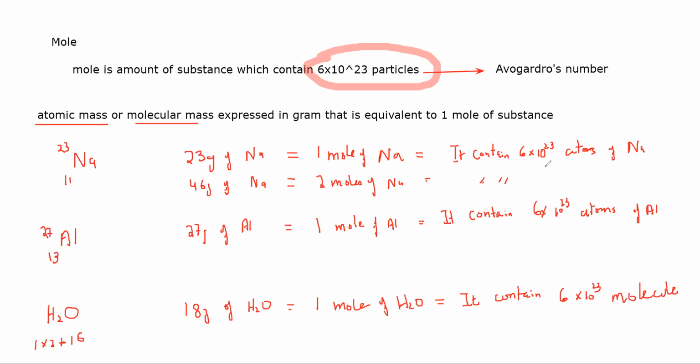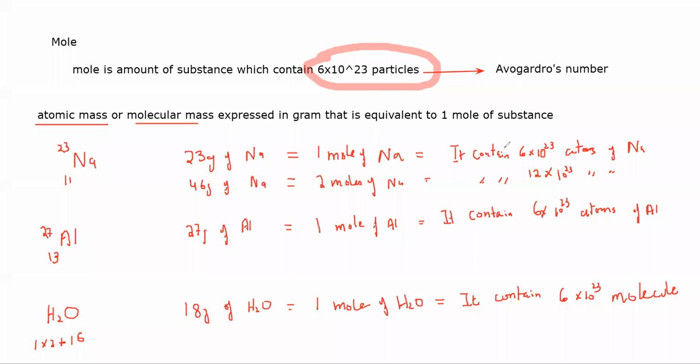So it will be twice like 6. It will not be 6 exponent 23. It will be double of that. It will be 12 exponent 23 atoms of sodium. So 1 mole always has this.